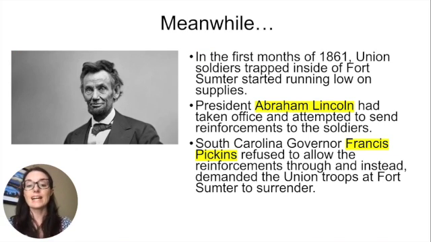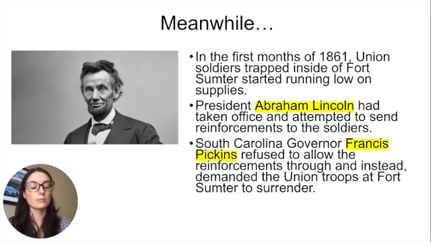Okay. In the next year, in the first months of 1861, Union soldiers trapped inside Fort Sumter started running low on supplies. So remember, those reinforcements that President Buchanan tried to send never reached it because it was fired upon by South Carolina forces. President Abraham Lincoln had taken office and attempted to send reinforcements to the soldiers.